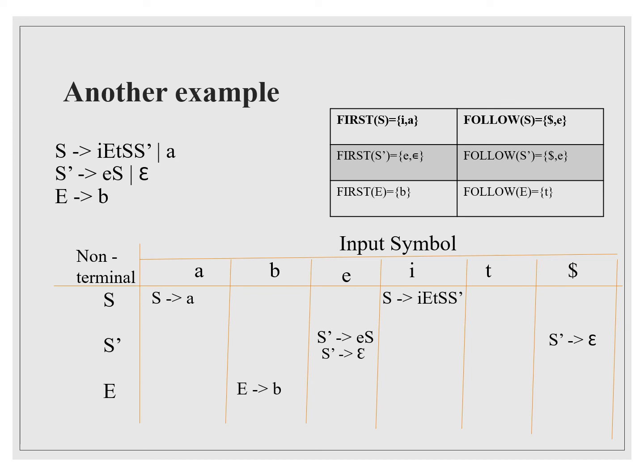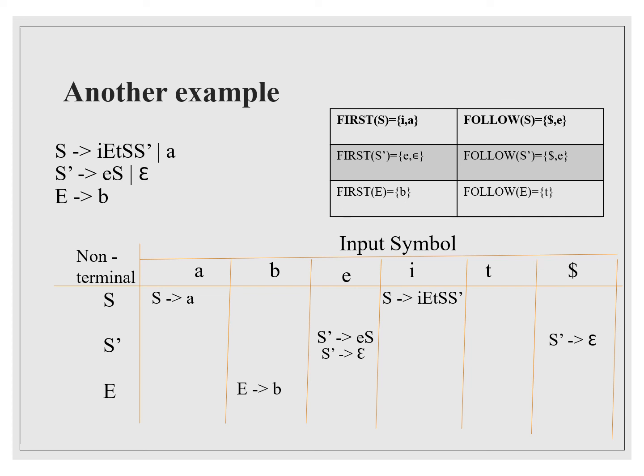And look at the column entry e. S dash comma e. How many entries do we have? Two entries, right? In the same place we have two entries, that is S dash derives e S, S dash derives epsilon. This is confusion. To avoid the backtracking, we are going for the concept called parsing table.